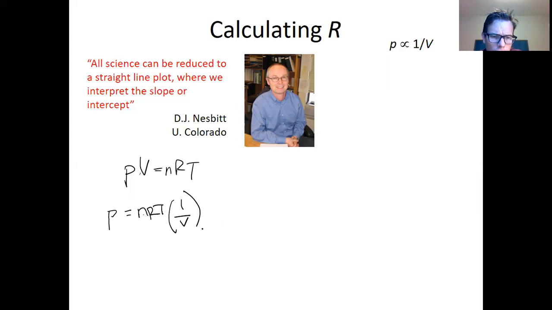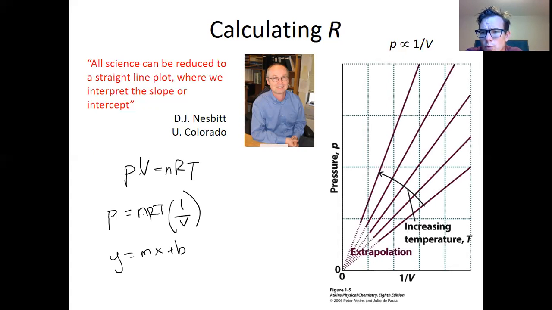In other words, this is looking like a straight line plot. y equals mx plus b. And this will turn out to be another important way to visualize some of this pressure volume data, okay?